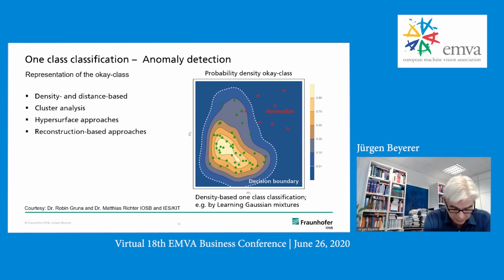Beside deep learning approaches, several techniques for representation of the okay class are available, like density and distance-based approaches, cluster analysis, hypersurface approaches, reconstruction-based approaches, as you have seen in the texture examples. And we mainly work here with density-based approaches by learning hierarchical Gaussian mixtures.